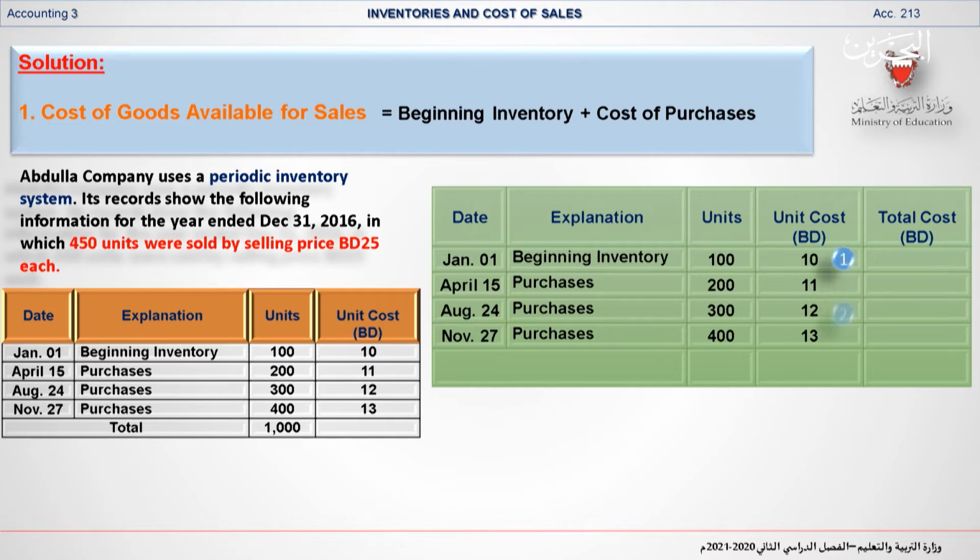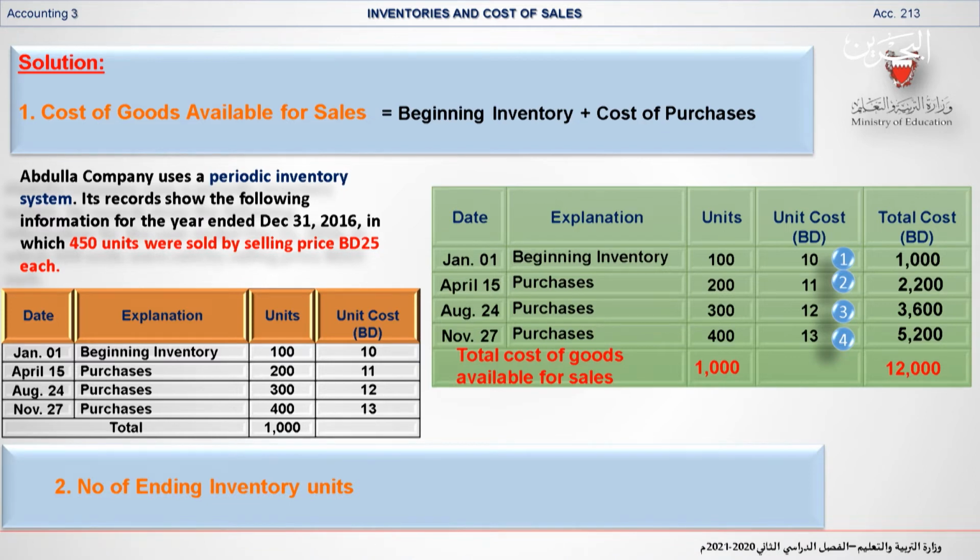For example, the cost of beginning inventory will equal 100 multiplied by 10, which equals 1000 BD. Next, you will calculate the cost of purchases. On 15th April, the cost of purchases will equal 200 multiplied by 11, and the total cost will be 2200 BD. And the same process will apply for the rest of the purchases. Finally, you need to find the total cost of goods available for sale, which equals 12,000 BD.